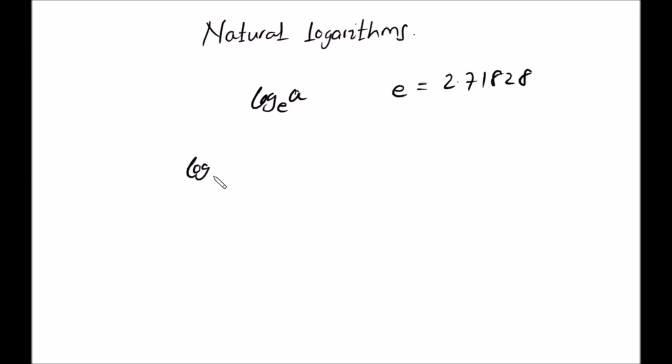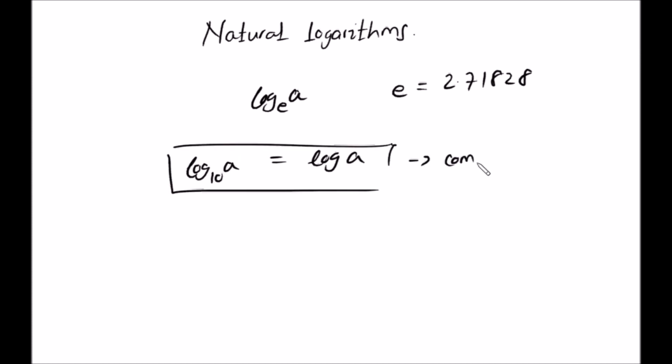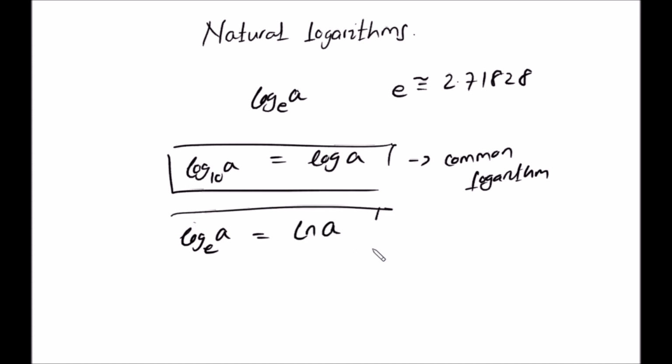Sasa hii ingekuwa hivi log of 10a, si ndio? Unaweza tukaandika log a. Hii si ndio tumeita common logarithm. Sasa ukiwa na log ya a to base e, unaiandikaje? Usiandike log of a. Sasa hii tunaandika ln a.